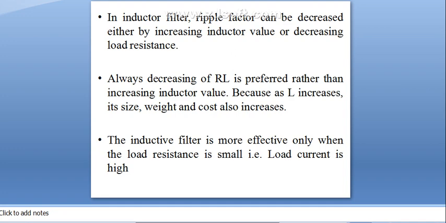Okay. So decreasing RL is always preferred rather than increasing the inductor value, because as L increases, its size, weight and cost also increase.